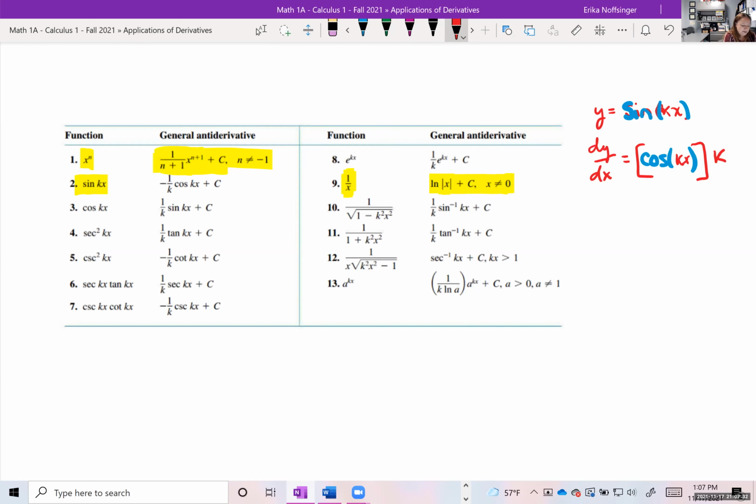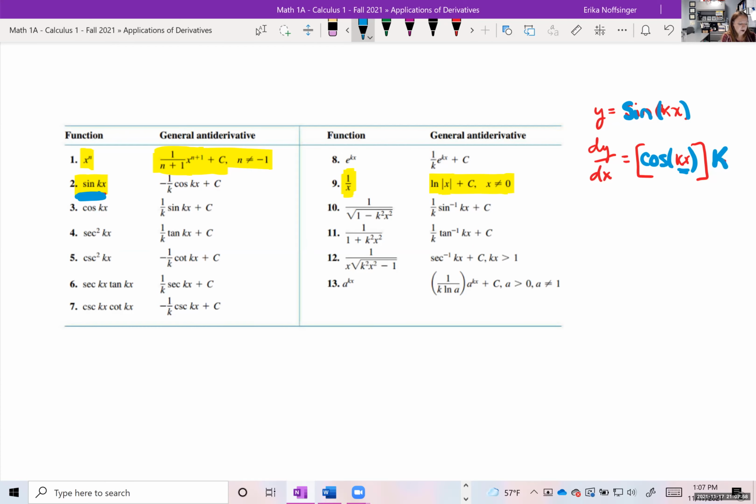So we have to keep that in mind when we're going backwards, because we want the original. We don't want this k in here. And so we need to think about it that we have to divide by what we would take the derivative of in the inside. So if I was looking at the antiderivative of sine of kx, I think about what do I take the derivative of to get sine?